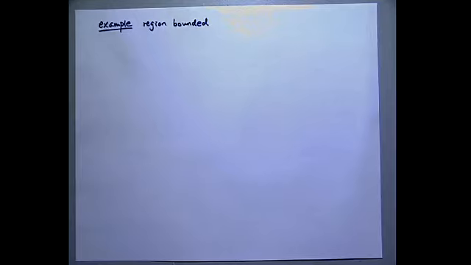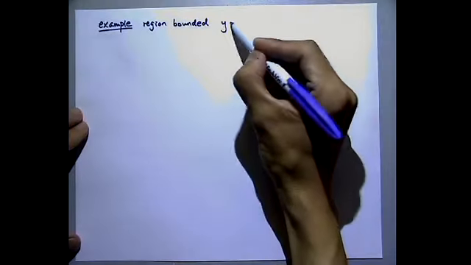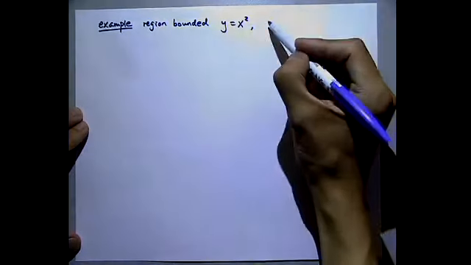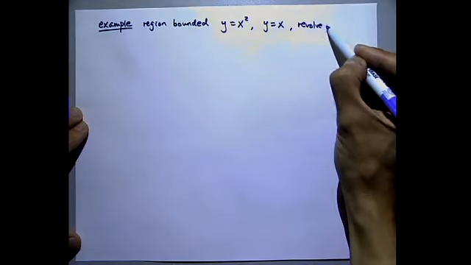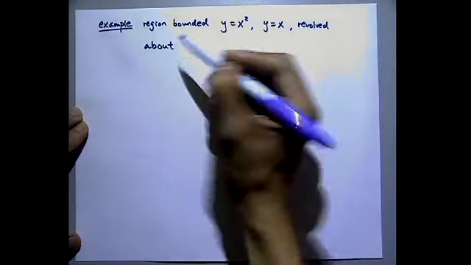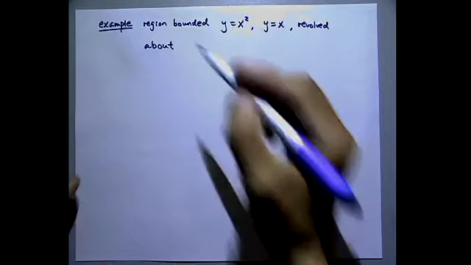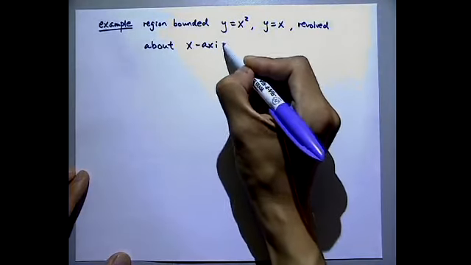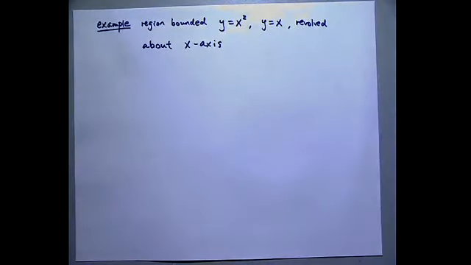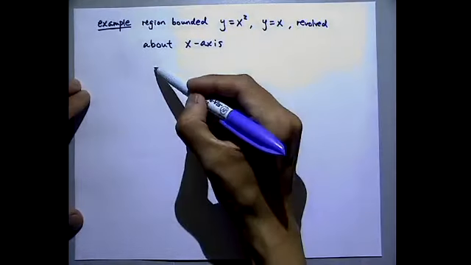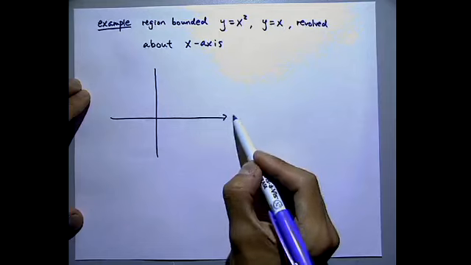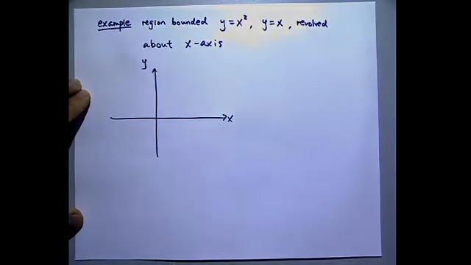In this one here, we're going to take the region bounded by y is equal to x squared, y is equal to x, and we're going to revolve that around the x-axis. We should know the shape of these two things pretty well.